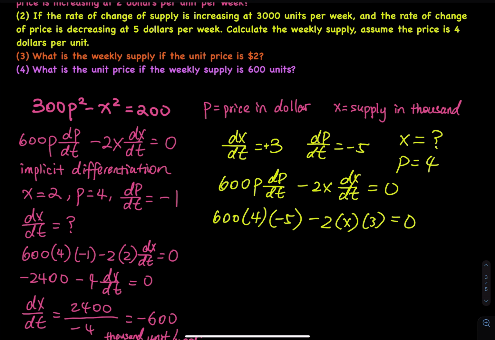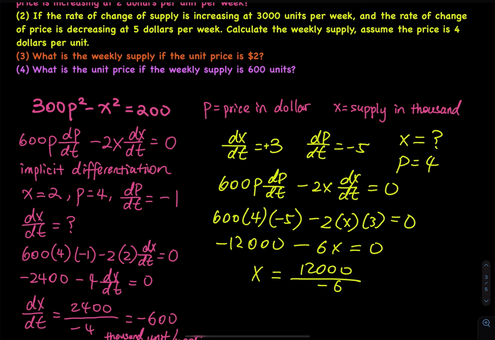And then we have 600 times 4 times 5, so that is equal to negative 12,000, and then minus 6x equals 0, so x is equal to positive 12,000 divided by -6.